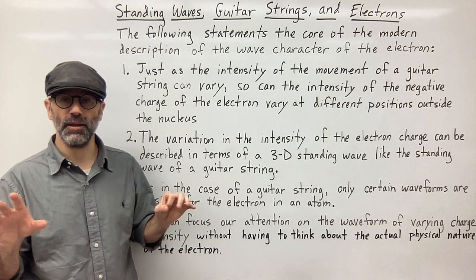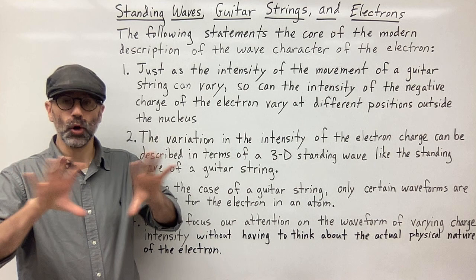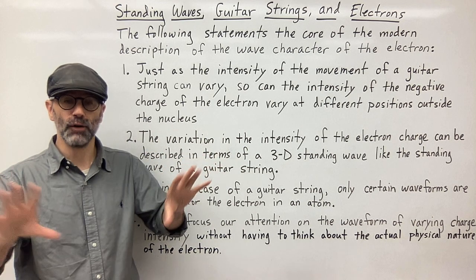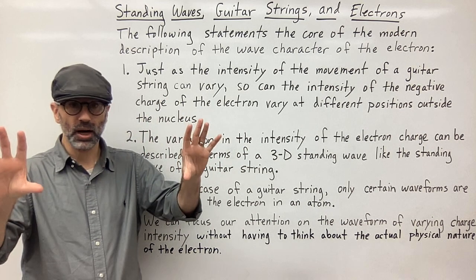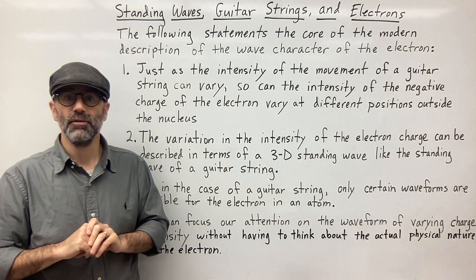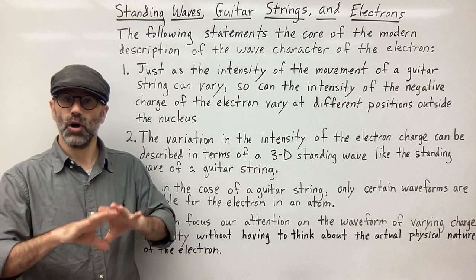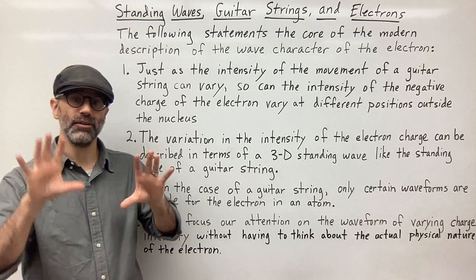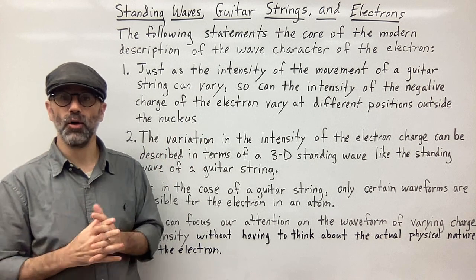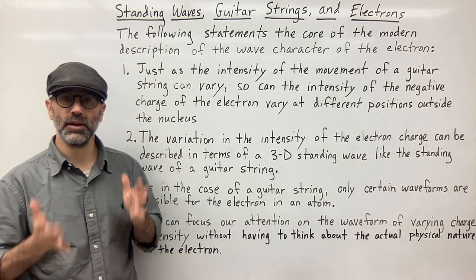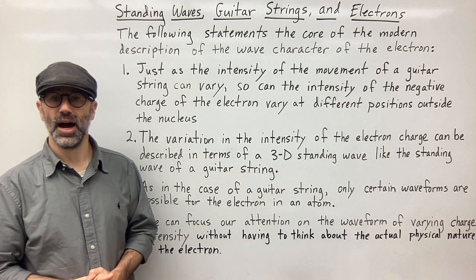We can just focus on the waveform of this string itself, the blurry part, and say, oh, this waveform of the guitar string has one half wave, or it has two half waves, or it has two full waves, and so on.